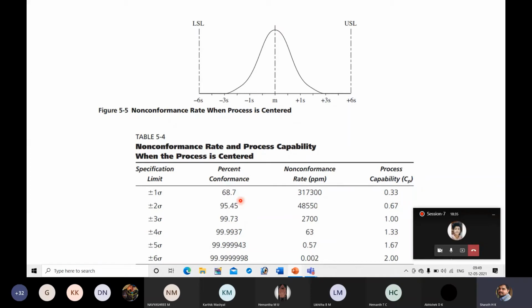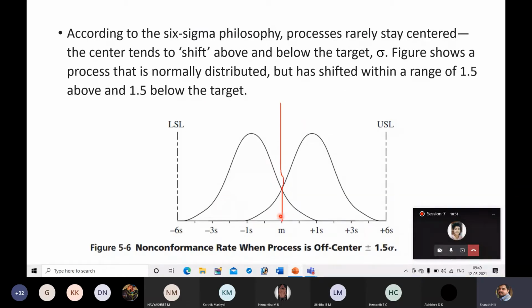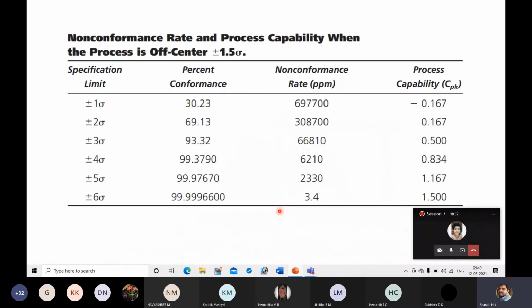In that case, even if you take plus or minus 1 sigma, 68.7% of the components you have manufactured are acceptable. That means they are good products. Whereas if the process is off center, that means the peak is not situated at the mean or the target value, then you can see plus or minus 1 sigma.